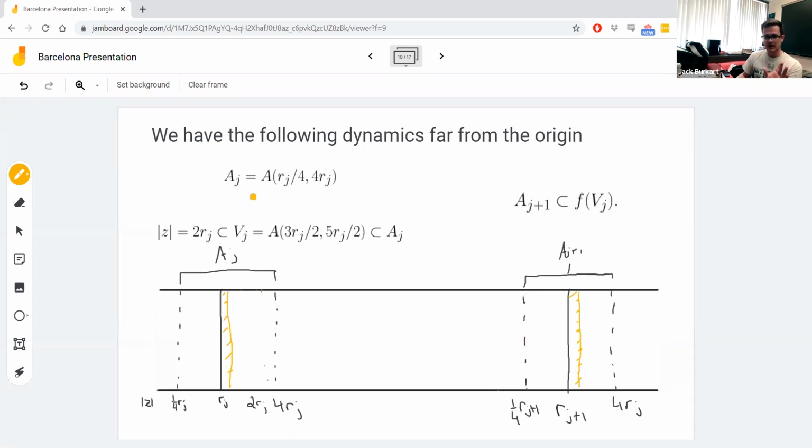Now, inside of this annulus Aj, what I want to do is first draw, maybe I'll use green this time, again in dashes, the circle of radius 2Rj. We know that this circle gets mapped roughly onto something close to a circle, which has radius Rj plus 1. This annulus Vj defined right here is going to surround the circle of radius 2Rj, like so.